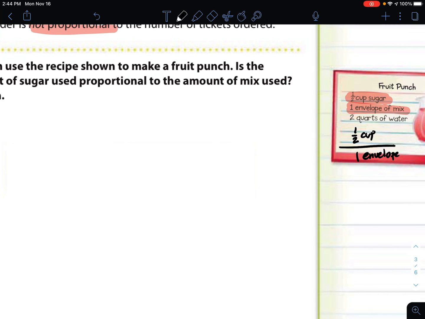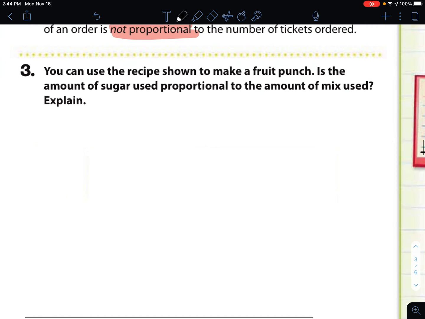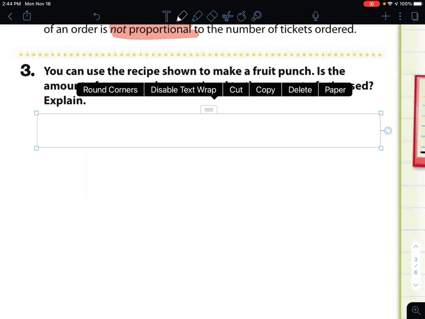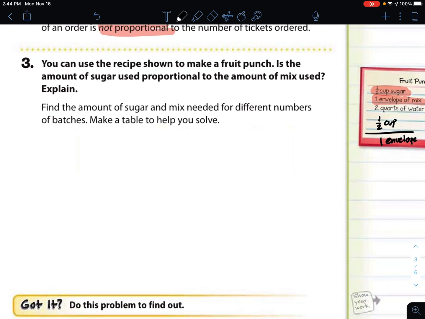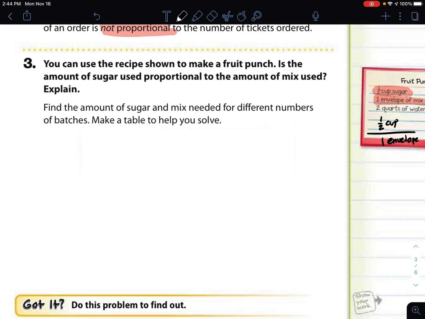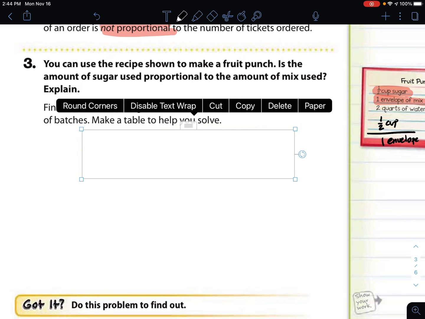Again, we create a table for this. We create a table, find the amount of sugar and mix needed for different numbers of batches. So let's say we are going to create a table for different batches of mix.